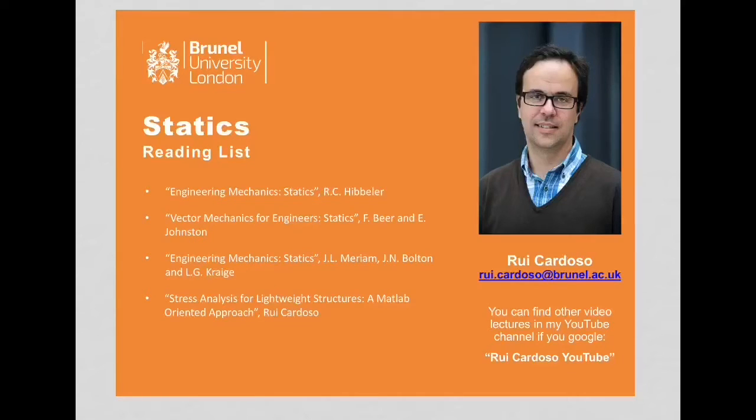Sometimes I refer to which book I've taken the example from, sometimes I don't, but these are the books that I follow. In case I forget to mention which book, you have the list of books here, so you know where they came from.